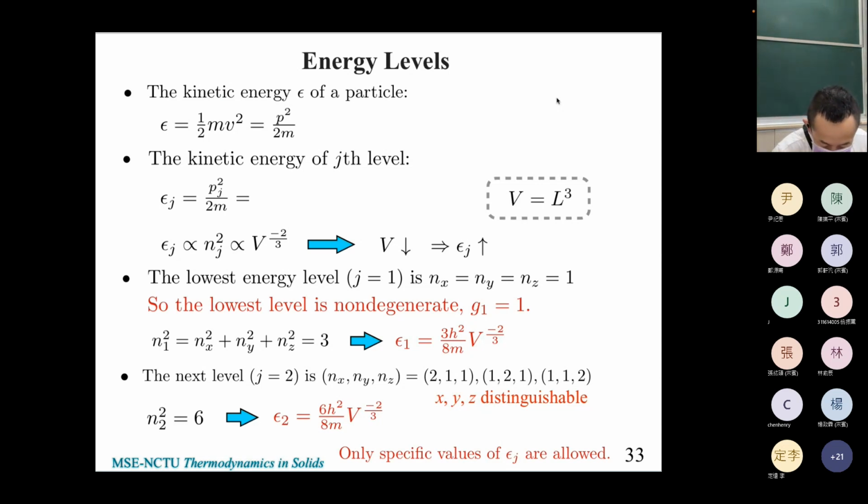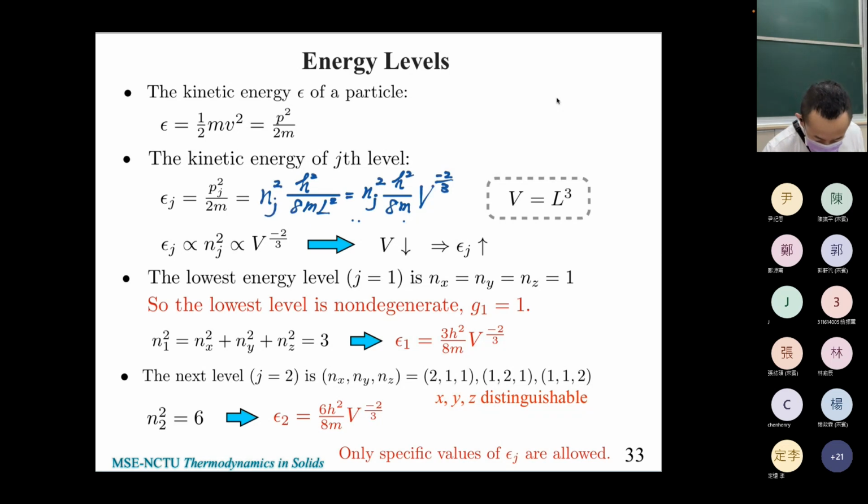So after we substitute here, the kinetic energy becomes nj squared h squared over 8m L squared.